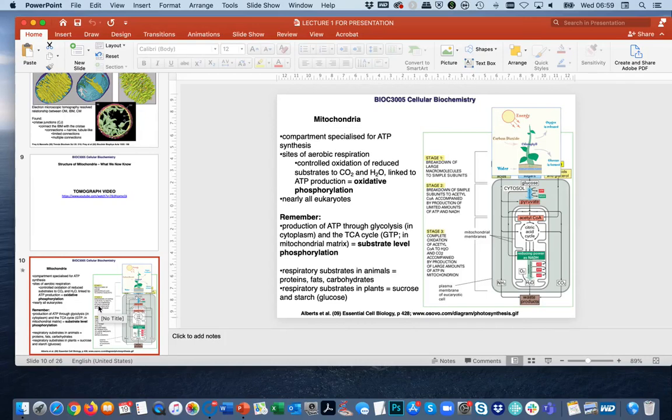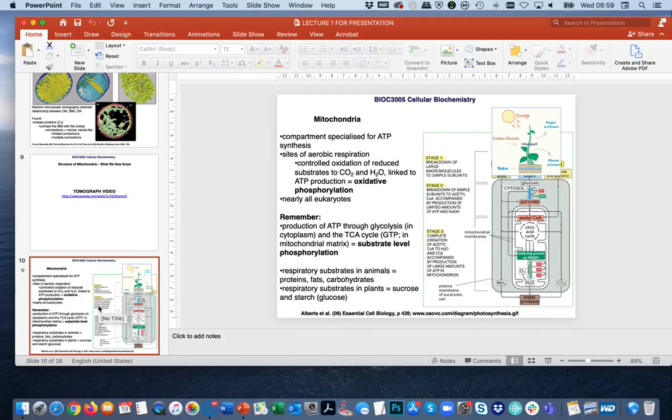Now, there's a couple of nuances, a couple of subtleties that I'd like you to realize. If we're talking about ATP production in the cytoplasm through glycolysis, and the production of GTP, which can be considered an ATP equivalent, in the mitochondrial matrix, then we're talking about substrate level phosphorylation.